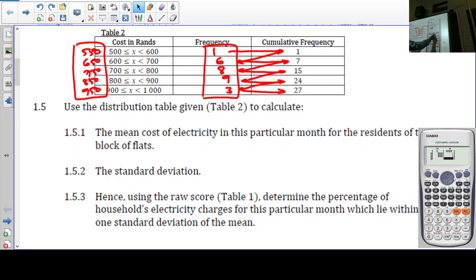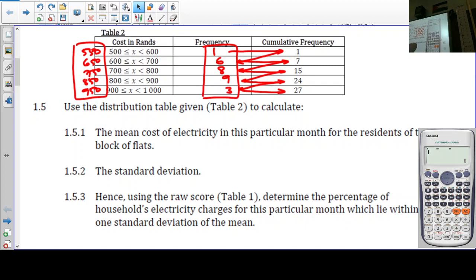The corresponding frequencies: the first category was 1, second category was 6, 750 was 8, 850 was 9, 950 came in at 3. Then press equals. So all our data is entered into the calculator now. So what do we do now? We store the data by pressing AC. Then we press shift 1, as you can see in yellow there.